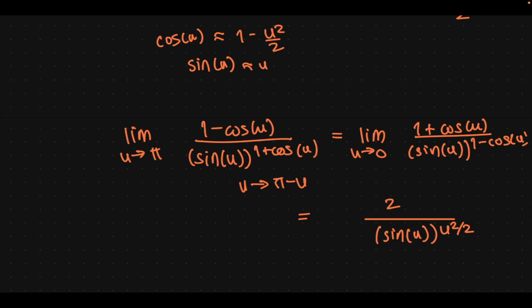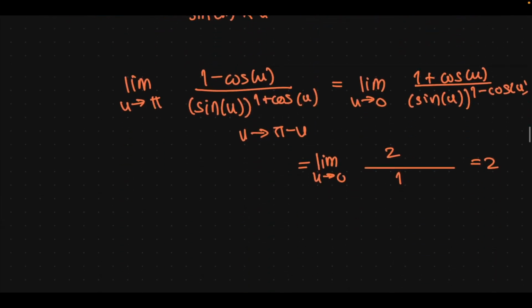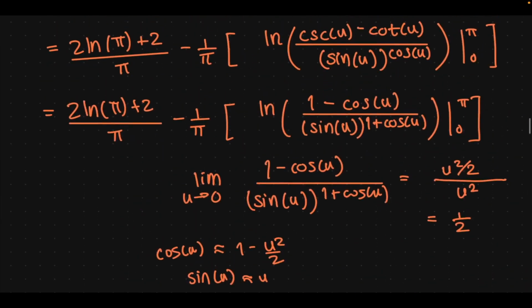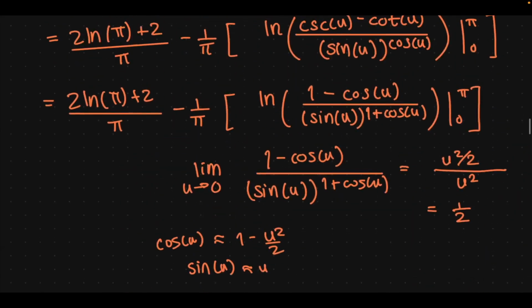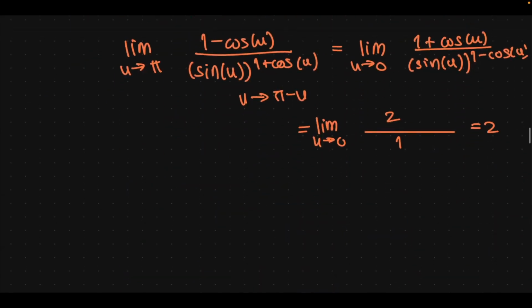The power will always dominate. So we get something to the power 1, which is 1. In the limit u goes to 0, doesn't matter. We just get 2. So we have 1/2 one side, we get 2 the other side. So in the limit, when we evaluate all of that, we get ln 2 minus ln 1/2, which is 2 ln 2 with a minus. So in the end, we have, I should use a different color.